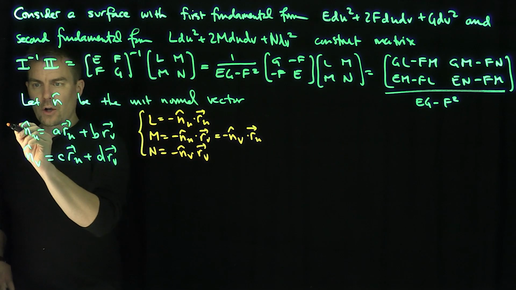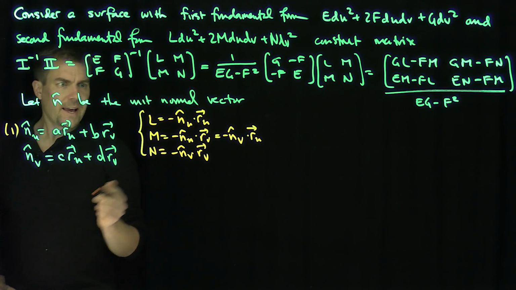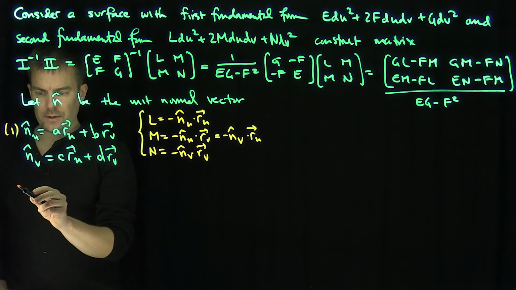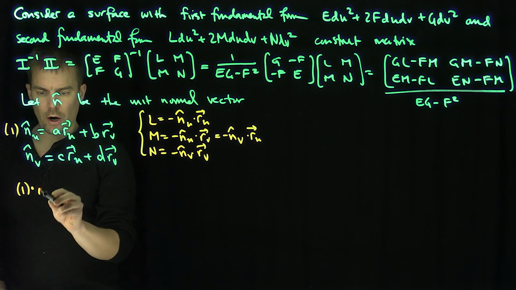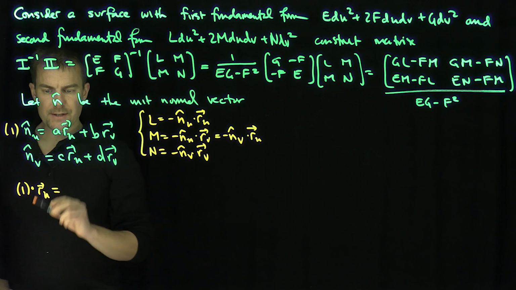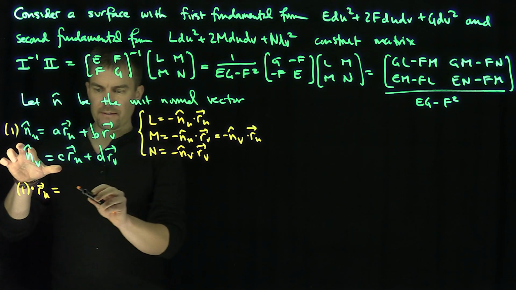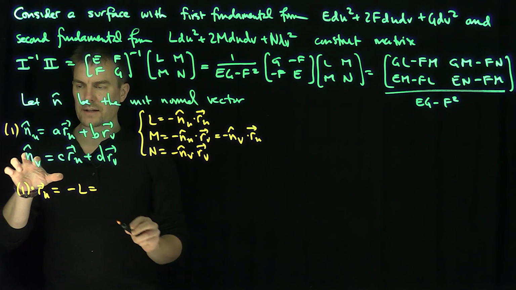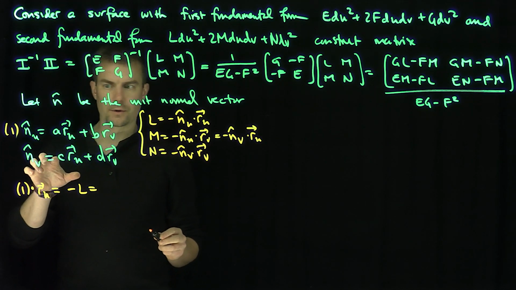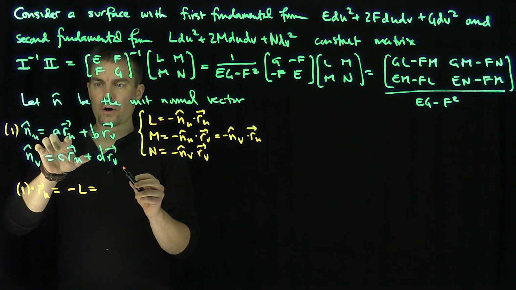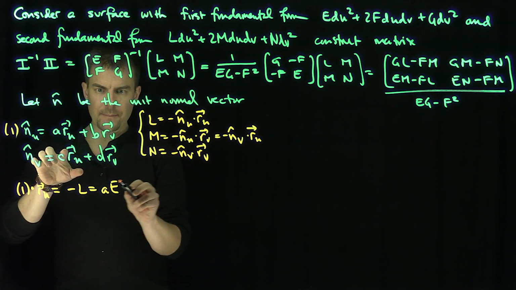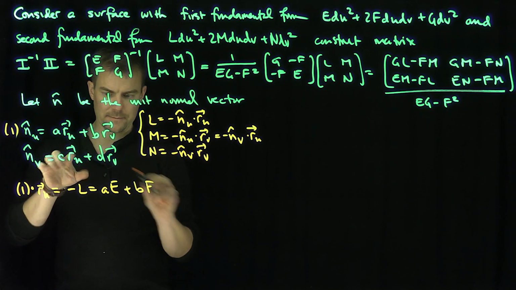So let me take equation 1, and I can do two things. I can dot equation 1 with Ru, which is going to give me negative L is equal to A, and then Ru dot Ru is E, so it's going to be AE plus BF, okay?